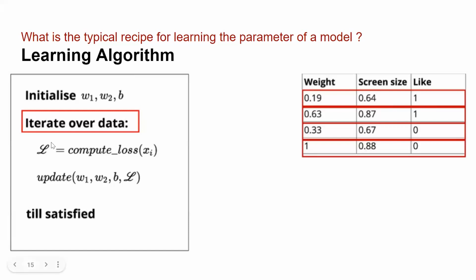So I need to iterate one by one over my rows. I need to compute loss in each case, and then update the value of W1, W2, and B. This I need to keep on doing until I see the model has clearly classified all my negative labels on one side.